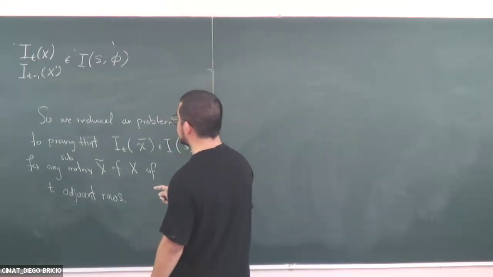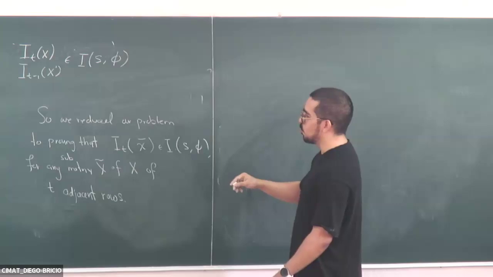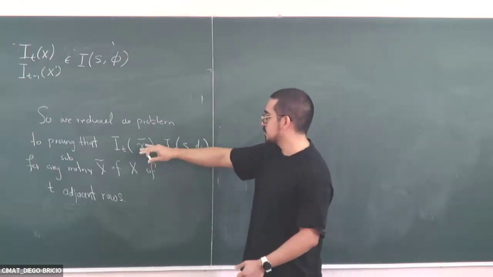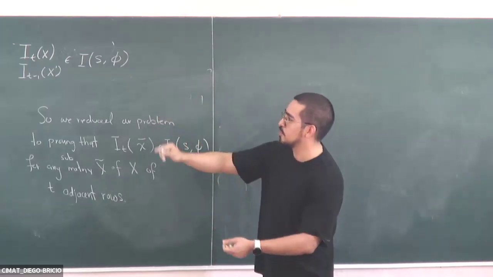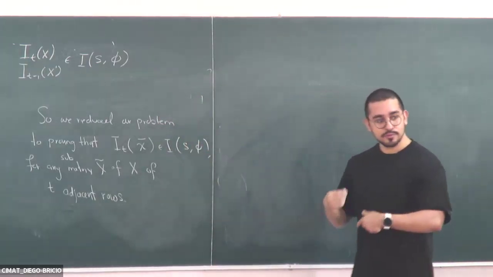So furthermore, it turns out that this problem reduces to only matrices of t adjacent rows of X. So you can reduce the problem even more.